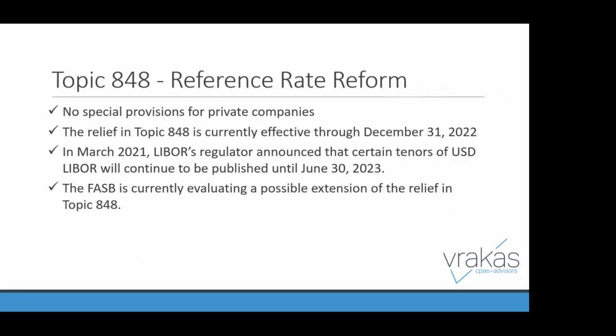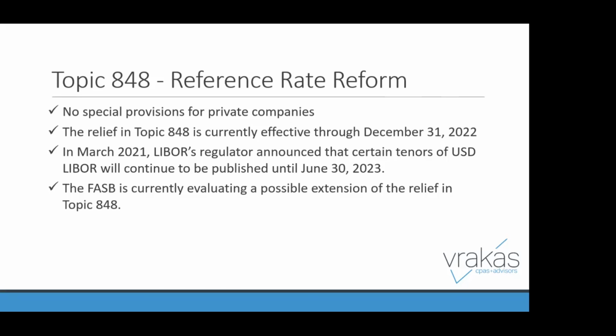This relief under this topic currently is only effective through December 31st, 2022, because LIBOR was expected to be phased out by that time. However, in March of this past year, in 2021, LIBOR's regulator did announce that they are going to continue publishing LIBOR until June 30th, 2023.